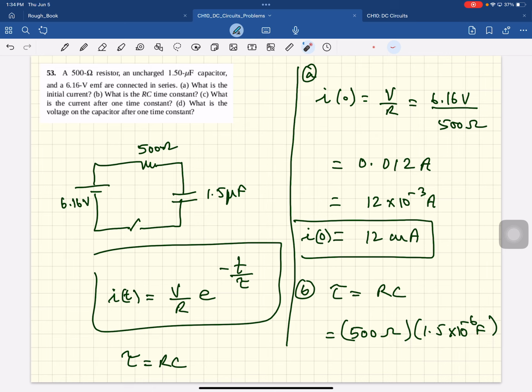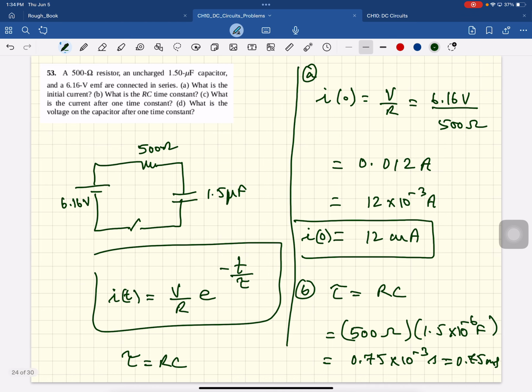Very good. This is a time constant. So this is 0.75 times 10 to the minus 3 seconds, 0.75 milliseconds. So things change in the circuit over a millisecond time. If you wait 10 milliseconds, the capacitor is completely charged.